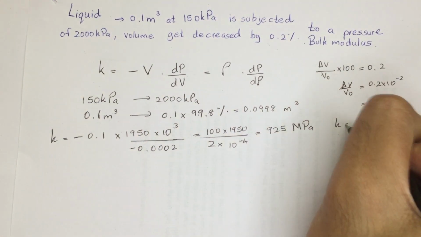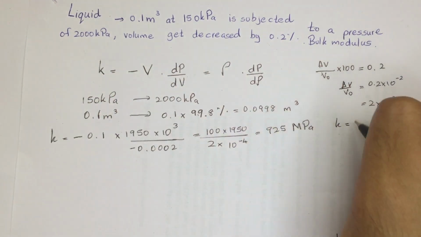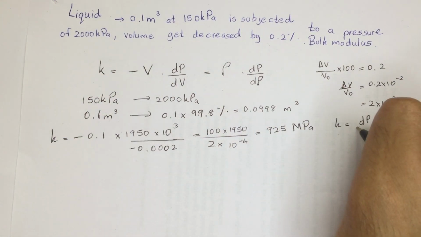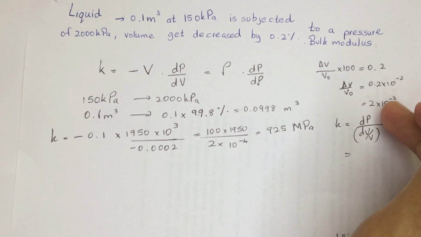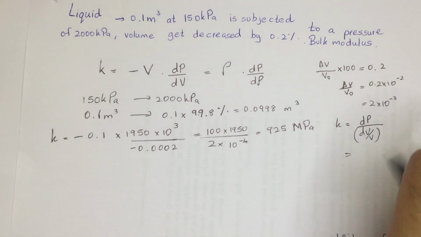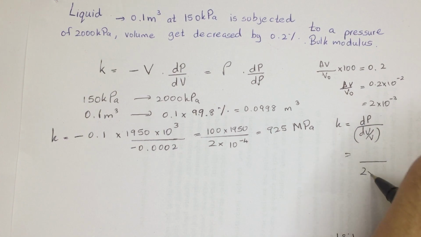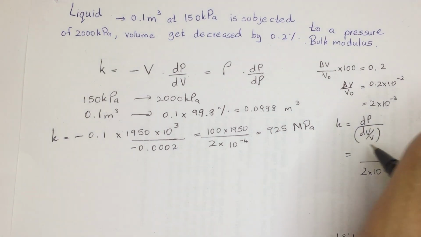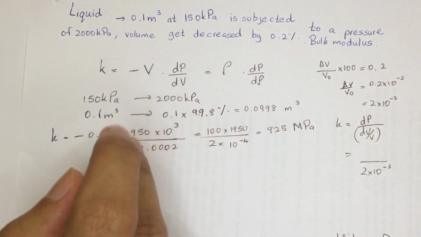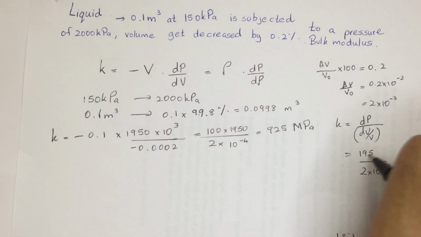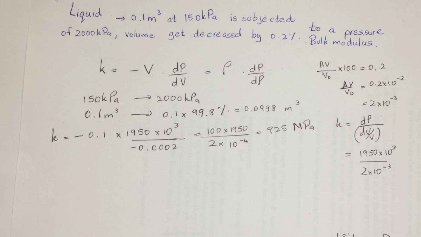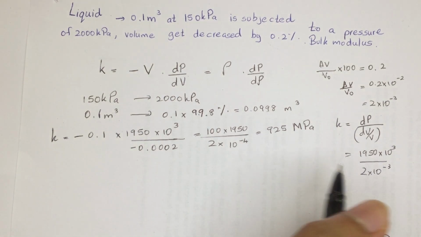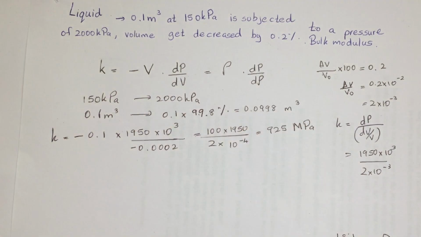So the bulk modulus K would be dP over delta V over V. We have this delta V over V, so you can directly substitute: 2 into 10 to the power minus 3, and the change in pressure would be 1950 into 10 to the power 3, because it's kilopascal. You are going to get the same answer very easily if you use this 0.2%.